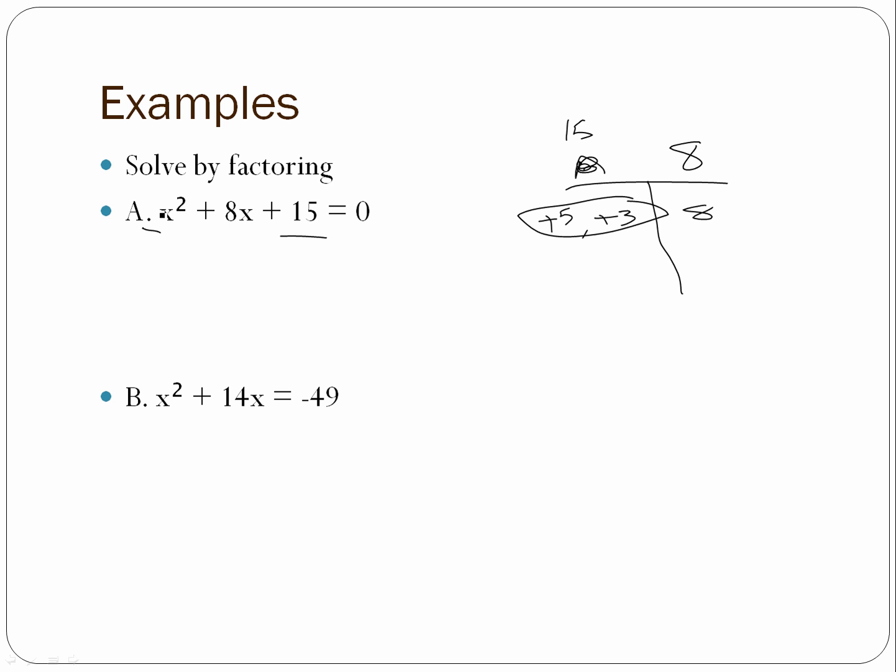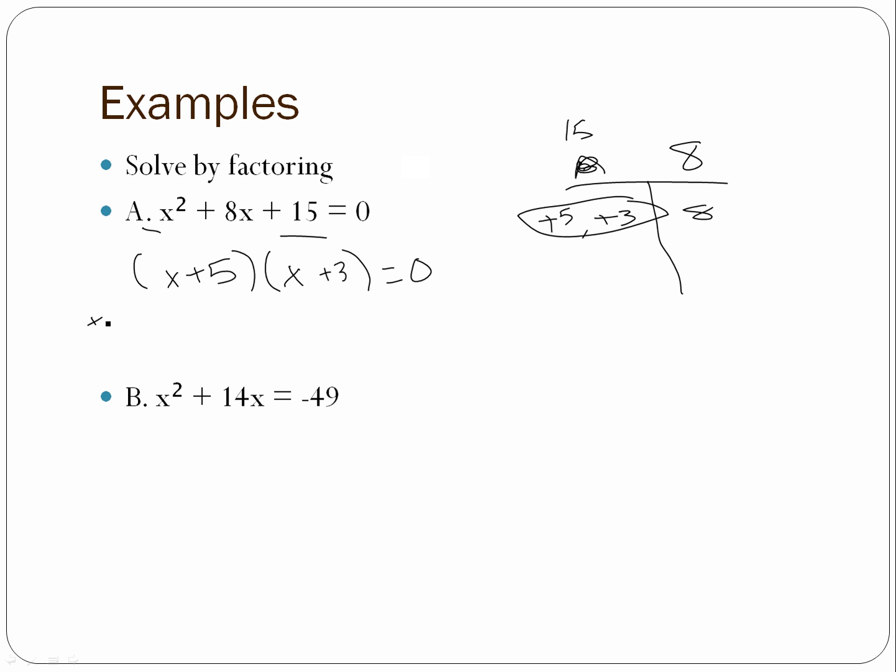Since the a is 1 here, that makes this pretty easy to factor. We're going to have x plus 5 and x plus 3 as our two binomials. And it equals 0. And it's important that it equals 0 because now we can use that zero product property that we just learned in the previous examples. So I'm going to set each of these binomials equal to 0.